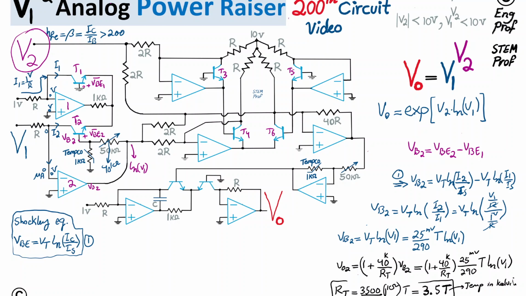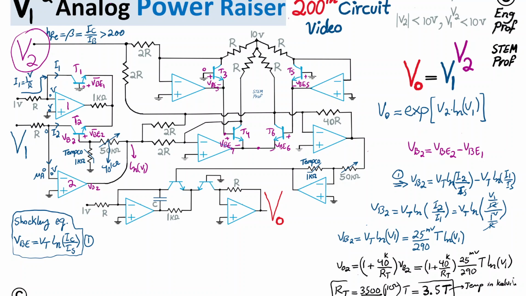From the base of T3, we have 0 volt. From 0 volt, we go down by VBE3, and then we get to the base of transistor T4, which then goes down by another VBE4 to a common collector. The same thing can be said about VBE5 and then VBE6.